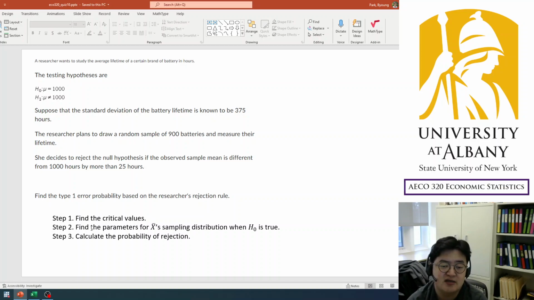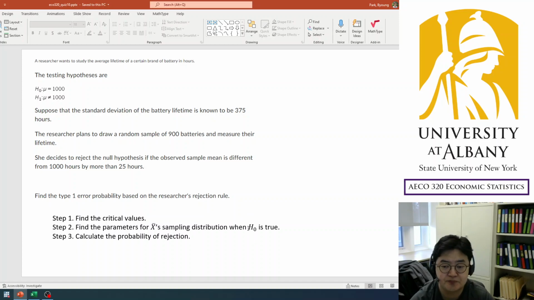Step 2, find the normal distribution parameters for the X bar sampling distribution, right? So we are going to use the normal approximation for X bar. So we are going to find the normal parameters for the distribution. But in doing so, we need to assume that the null hypothesis is true.